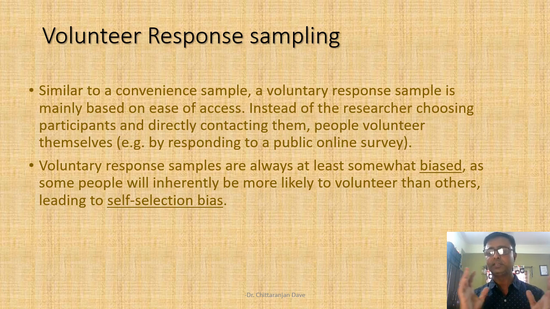They throw these survey forms to a huge audience, and then the respondent chooses to respond. So it's not the researcher who is selecting the object, but the objects voluntarily responding. That's why it's called voluntary response sampling. It has some bias, because some people want to respond to any mail they get, and some people, even important ones, do not want to respond.